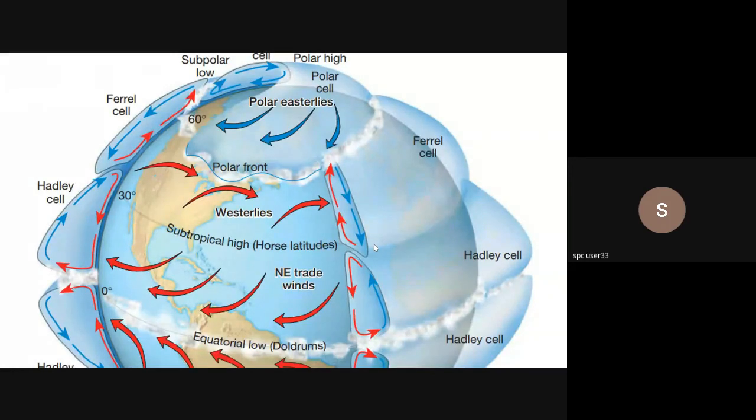Wherever you have low pressure belts, you would have those whitish, cottonish clouds. You will have them in the equatorial low pressure belt and in the subpolar low pressure belt, but you will not have them in the subtropical high pressure.